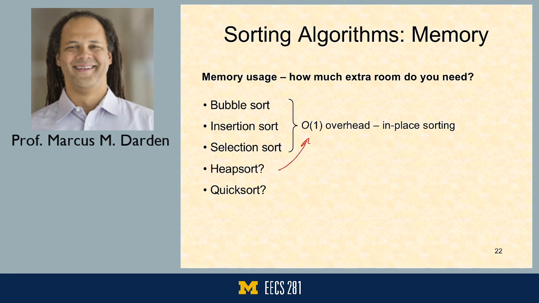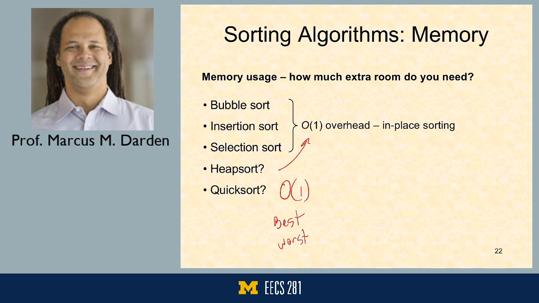Quicksort's extra memory, in the best worst case, was a constant amount of additional memory, right? This is the best version of worst case performance, where I would end up with a constant amount of memory.